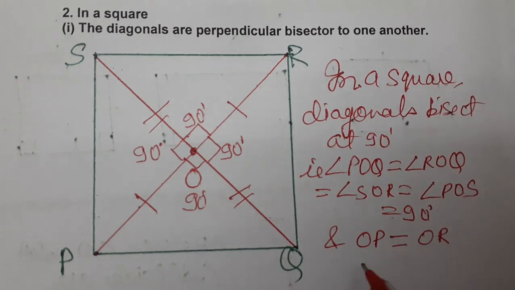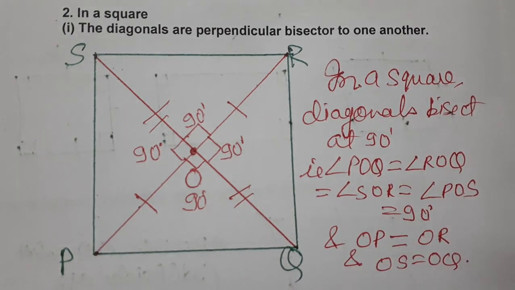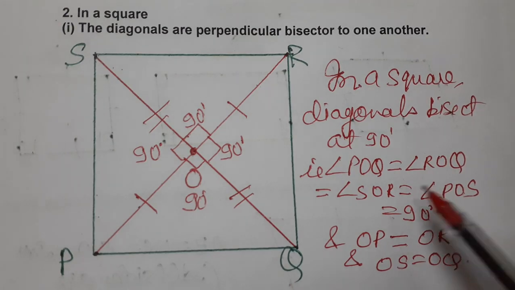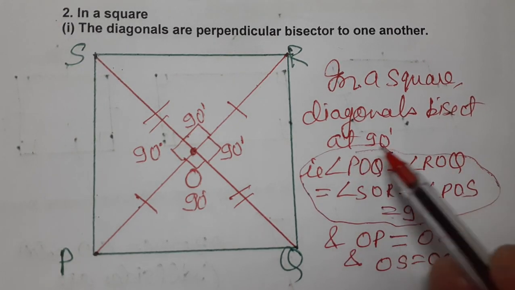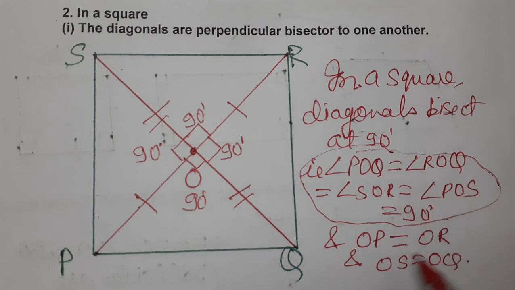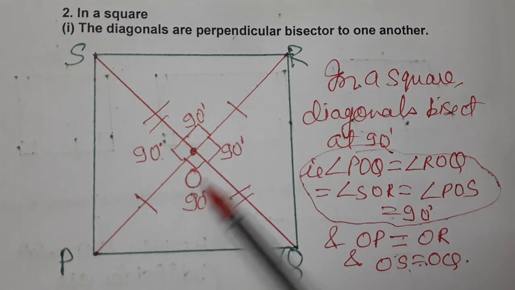OP equals OR and OS equals OQ also. So this property distinguishes a rectangle and a square. In a rectangle, diagonals bisect, which is also a property of a rectangle, but in a rectangle, diagonals do not bisect at 90 degrees. Here they bisect at 90 degrees also.